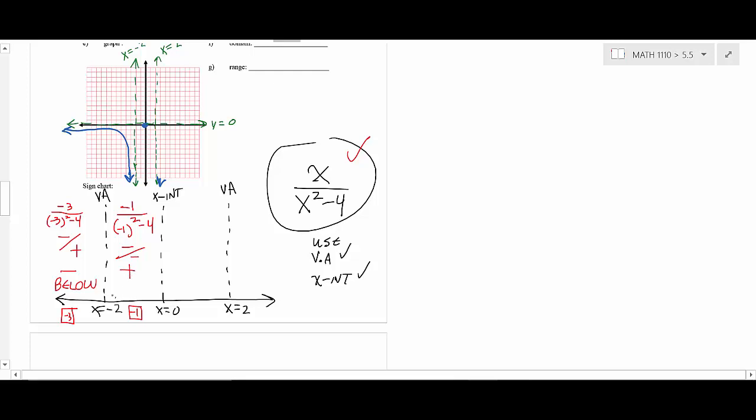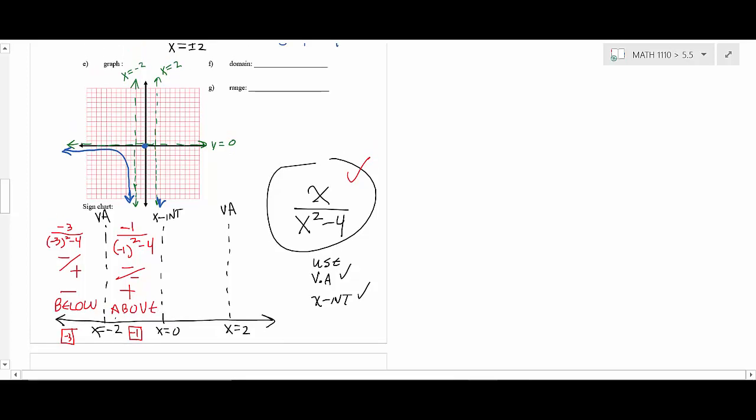What does that tell you? You're above the x-axis. So if you look at this part of the graph, just between 0 and negative 2, you would have to be above. What's going to happen? It's going to go to infinity, because that's what happens at a vertical asymptote. So just sketch a shape kind of like that.